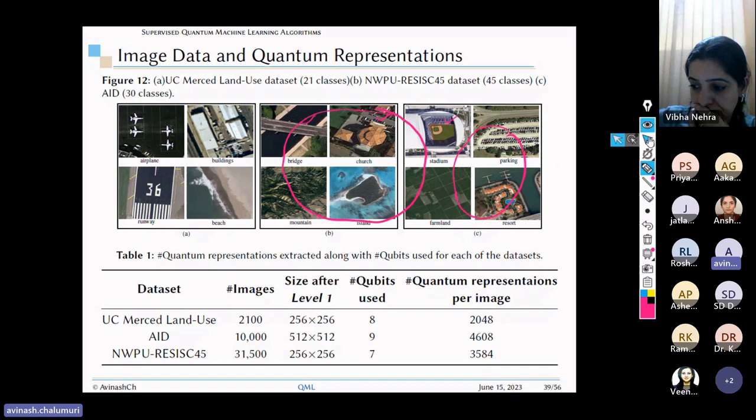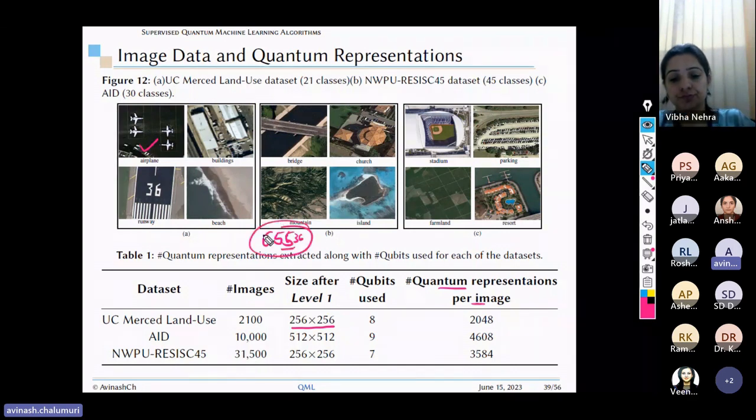We took each image and converted it to a quantum representation. For example, if each image is 256 by 256, you will have 65,536 pixels.